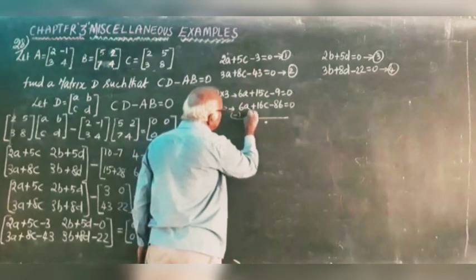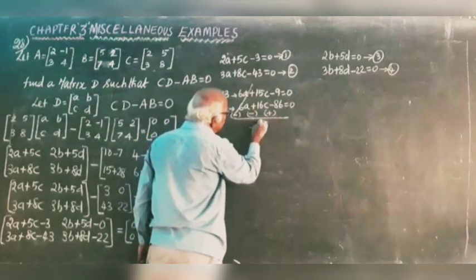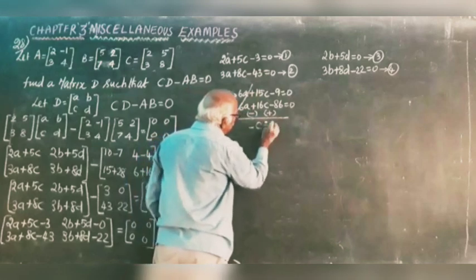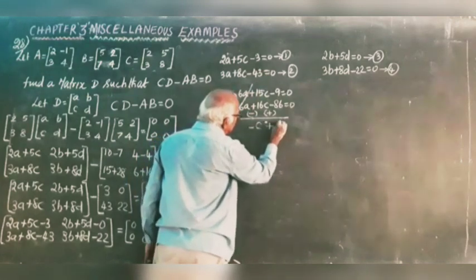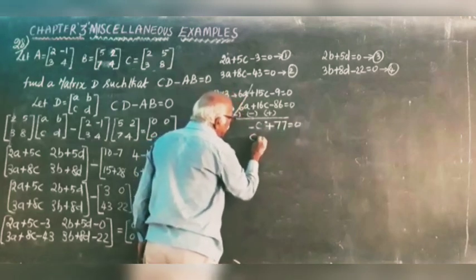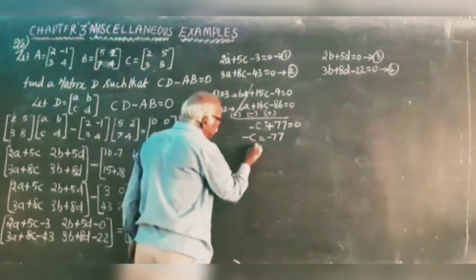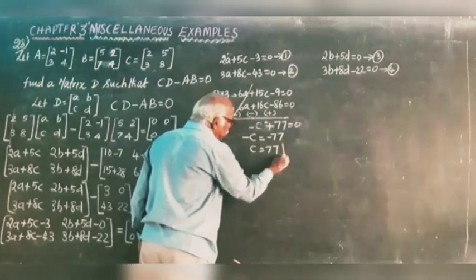Change the sign. Cancel. Minus c plus 77 equal to 0, c equal to 77.